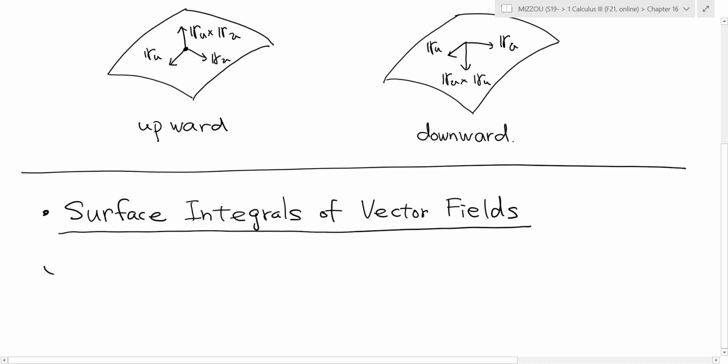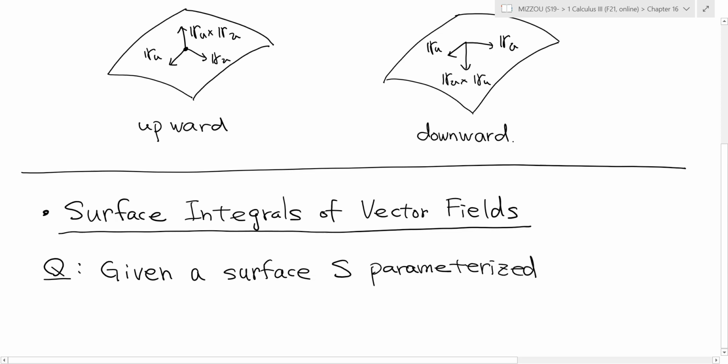Here's a question. Given a parametric surface, so given a surface as parameterized by r of u, v, and then let's assume that our orientation is given by this direction, r_u cross r_v.